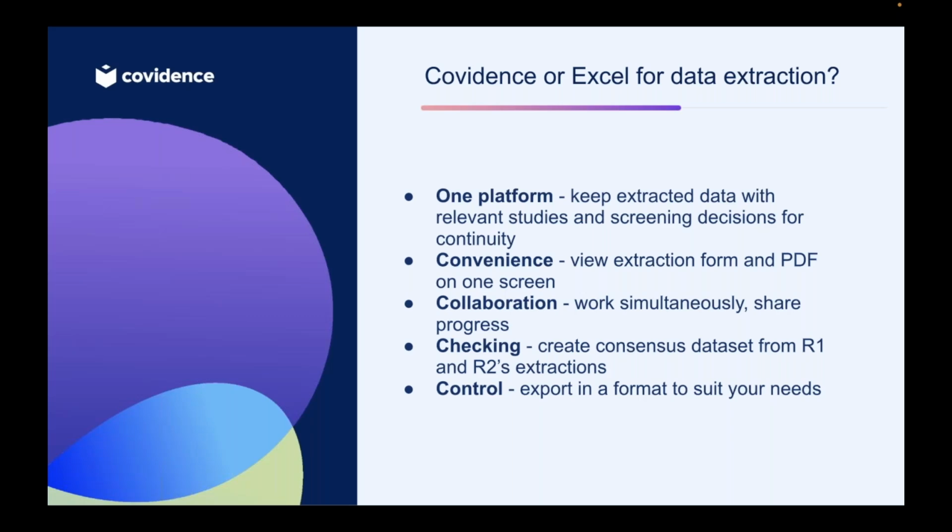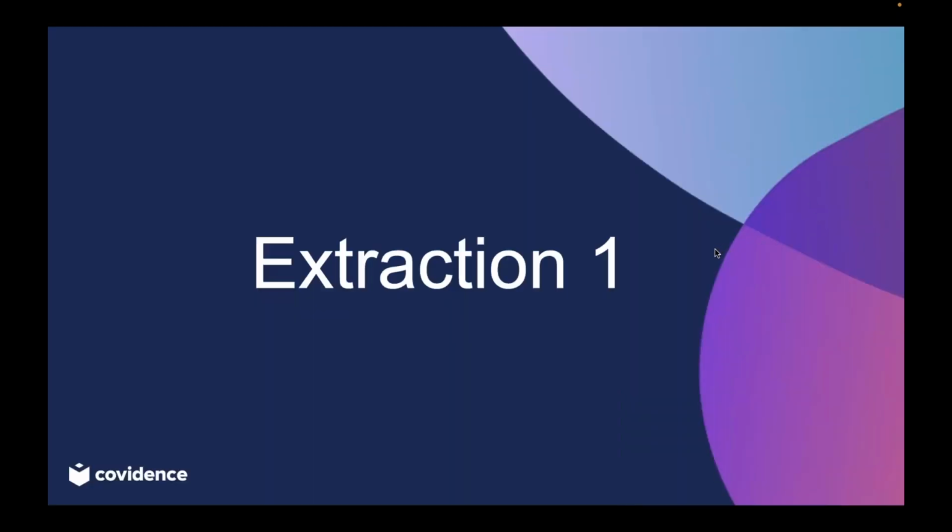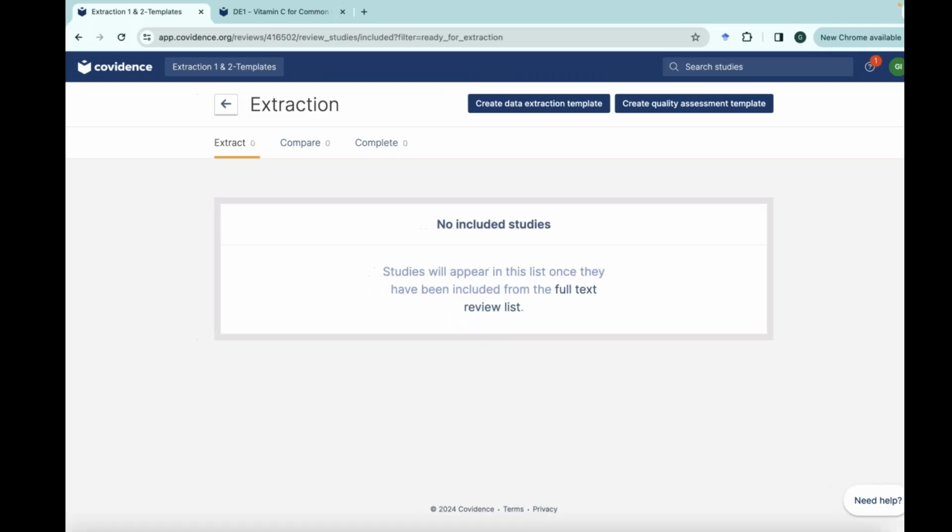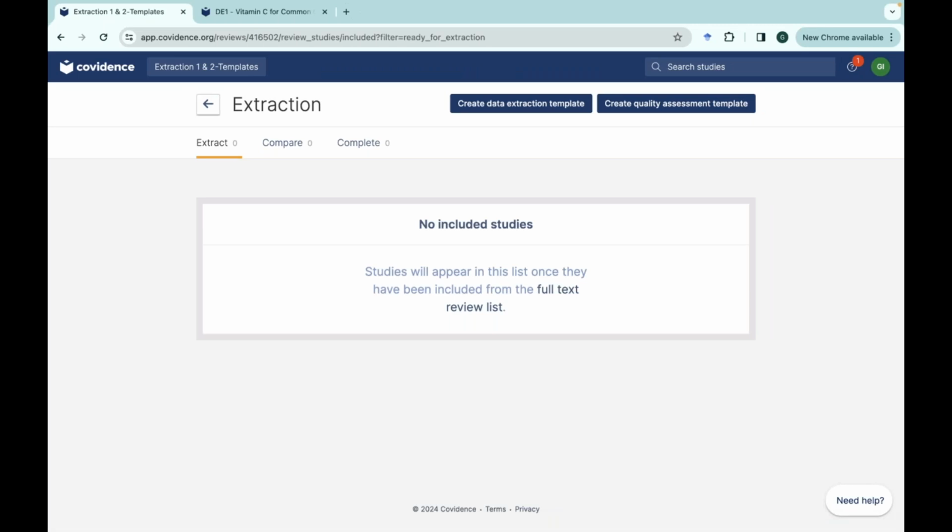I'm going to hand over to Gida, who's going to talk us through extraction 1. And to do that, I'll need to make you the presenter, Gida. So just give me a couple of seconds to do that. Okay, I think you're the presenter. Thank you. Yeah. So there's a slide I'd like to show you.